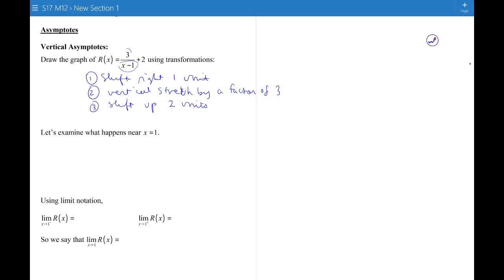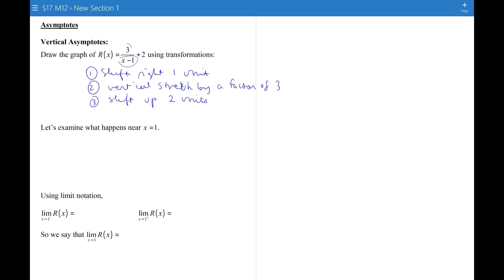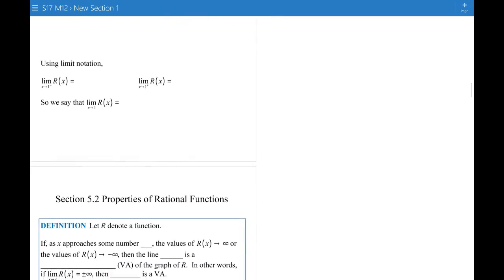Okay, so let's look carefully at what happens near x equals 1. So we're going to look at a little bit of limit notation, because this will come up in calculus, and so it's good if you're familiar with the limit notation. You read this here as the limit as x is going to 1 from the left.